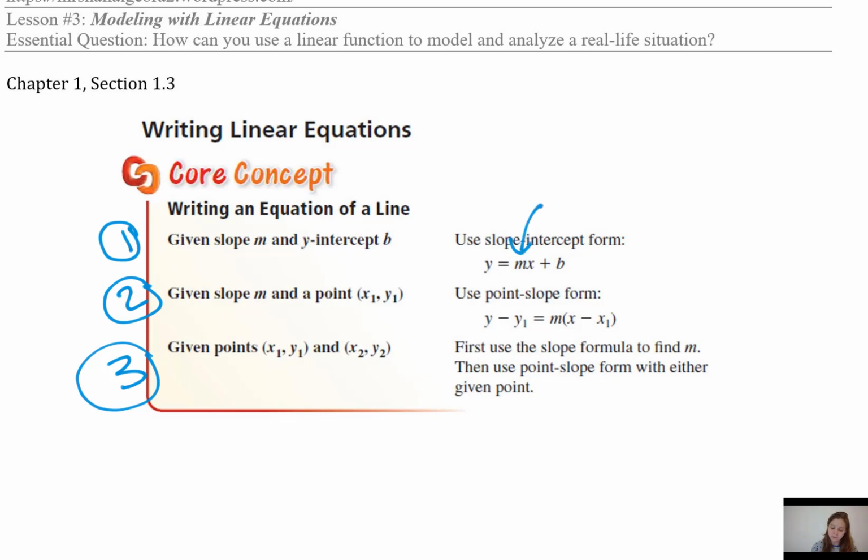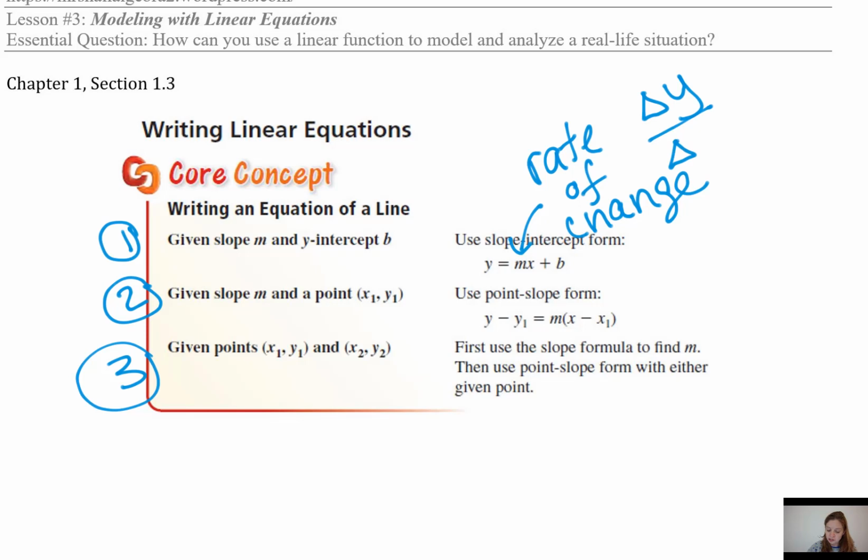Let me remind you in slope-intercept form that m is the slope, and the slope is the rate of change. Another way to describe slope is to say slope is the change in y over the change in x.